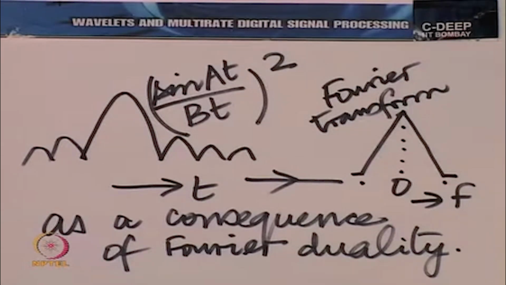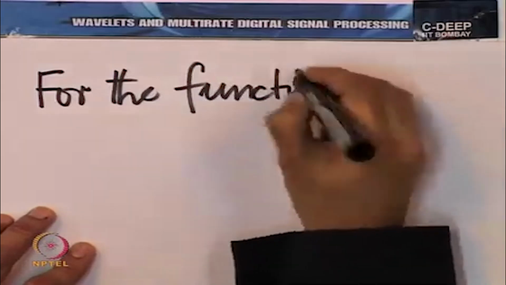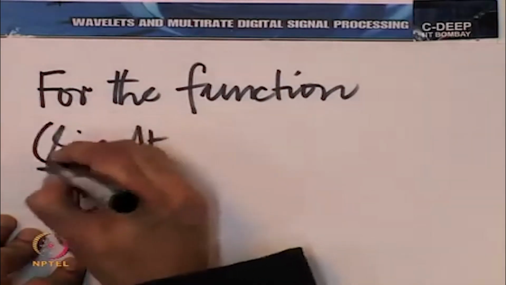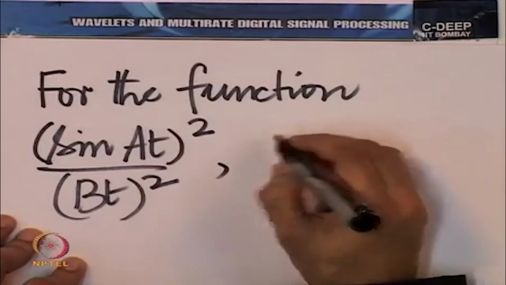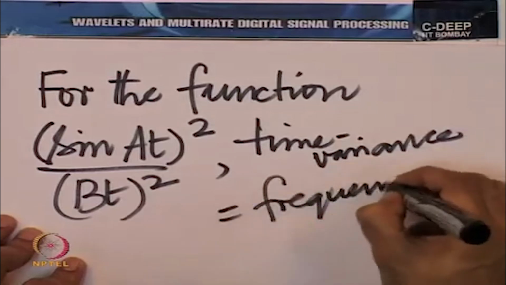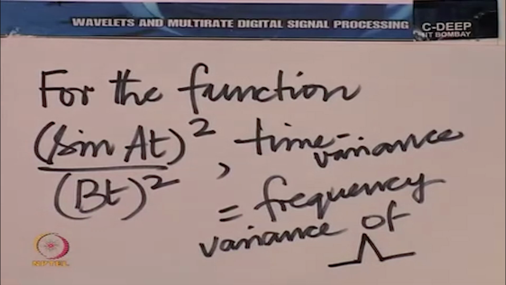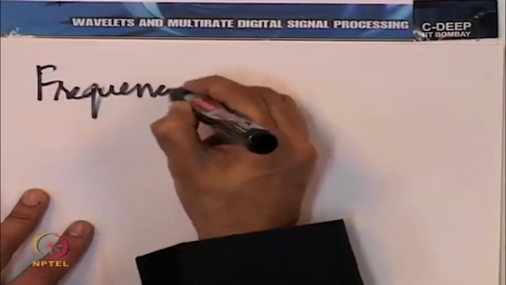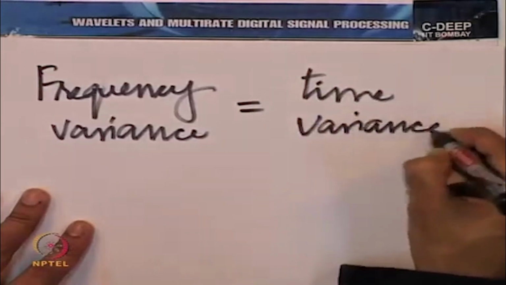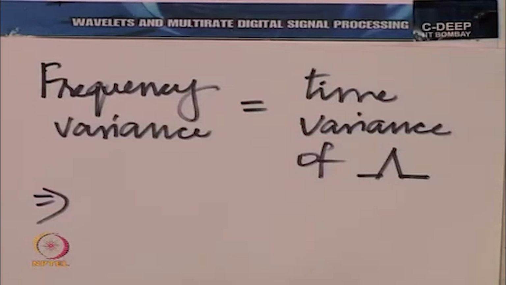So, for the function (sin a t by b t) the whole squared, this time variance is equal to the frequency variance of the triangular pulse, and the frequency variance is equal to the time variance of the same triangular pulse. And therefore, the time bandwidth product is very easy to calculate. In fact, the time bandwidth product would simply be 0.3.